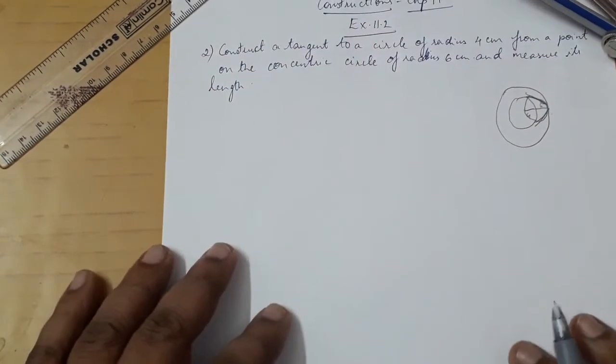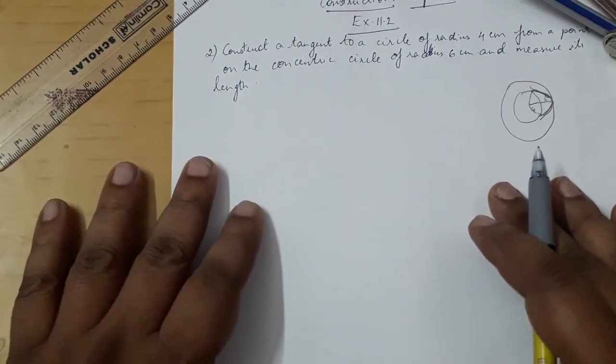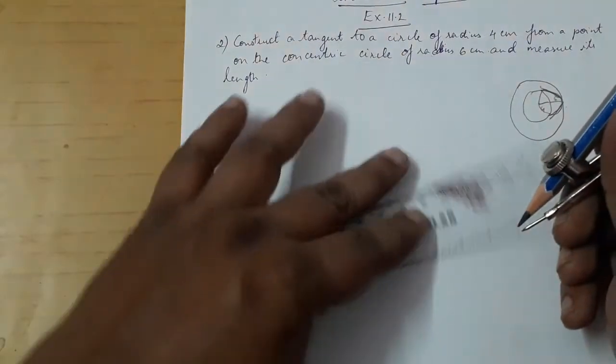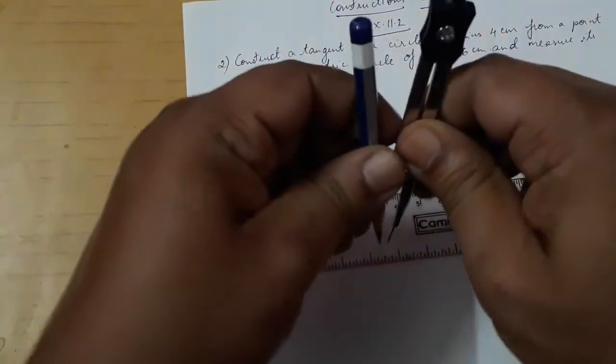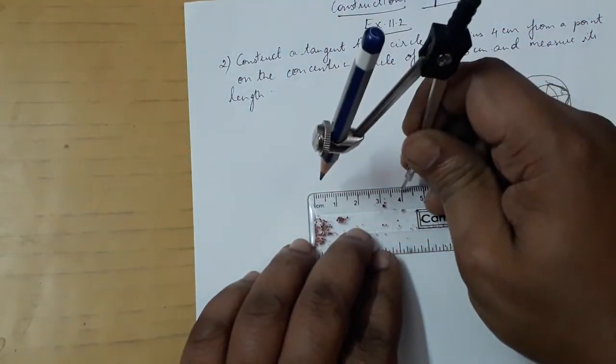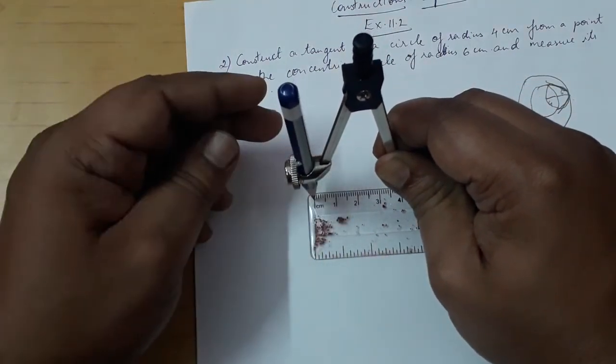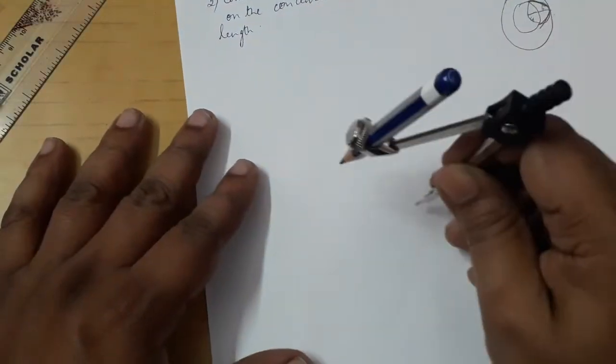Let's begin by constructing a circle of radius 4 centimeters. That's 4 centimeters.